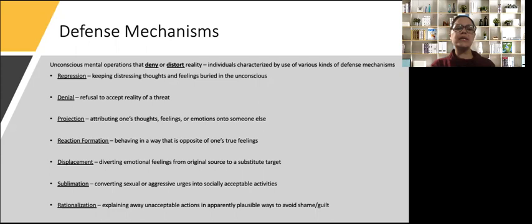But there is a really useful chart in your book on page 368 that gives you not just the definition of each, but examples of how each of these defense mechanisms might be used. Okay, so I highly recommend you read through what each one is, and then if you want to see actual examples of those, go to page 368 and they have a table there with examples of each one that's really useful.